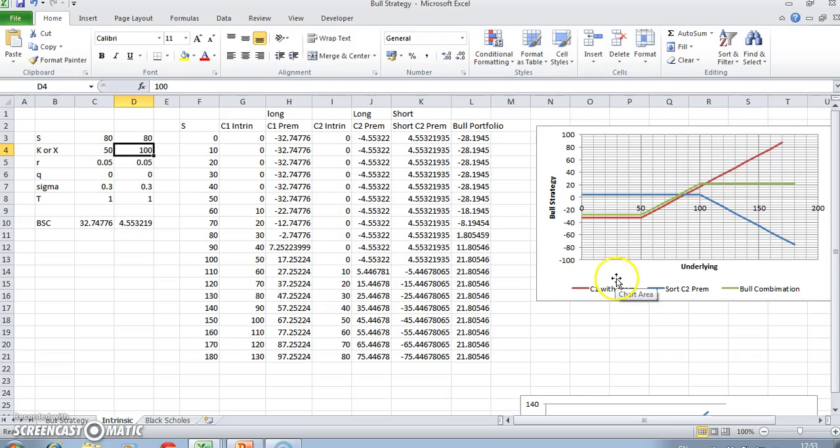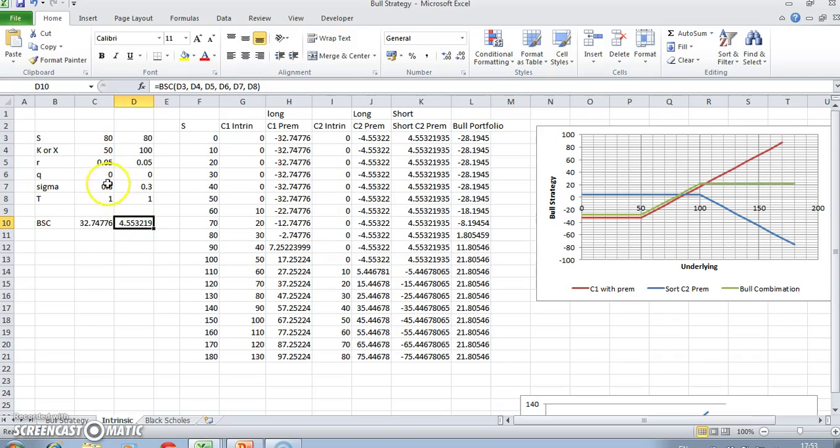The cost of setting up the strategy wouldn't be as high as buying the underlying stock. So we could think of the cost of setting up the strategy as the combination of the premiums. When you buy the call and sell the call, you mitigate the cost of the purchase.